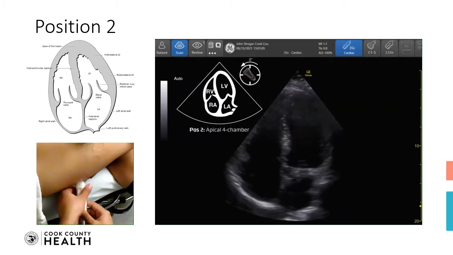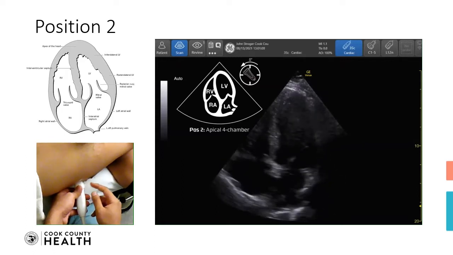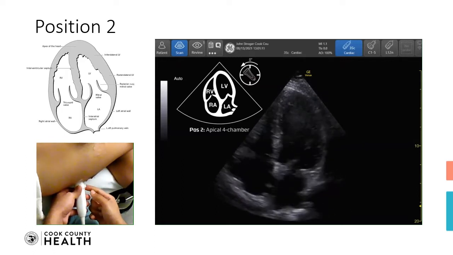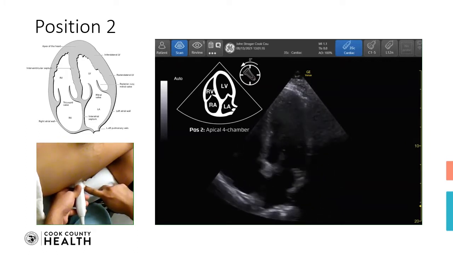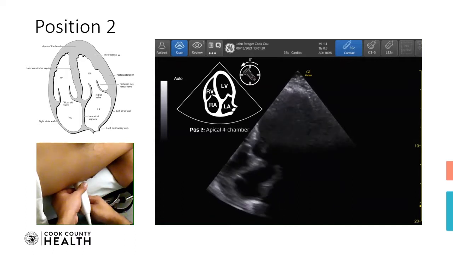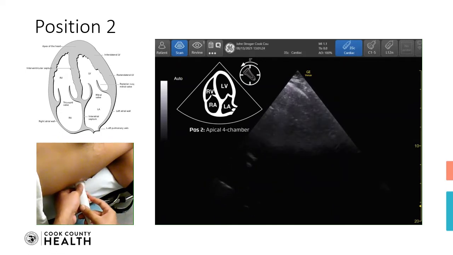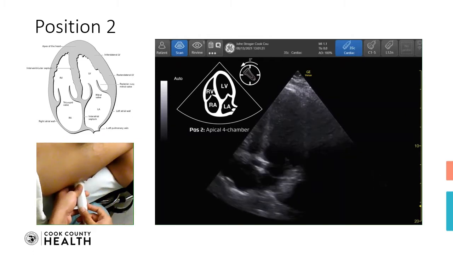The ideal position of the probe is going to be with the probe indicator towards like the 5 o'clock position right here. It's not down to the ground, not like the 6 o'clock or 7 o'clock position, but rather slightly rotated anti-clockwise so that it's towards the 5 o'clock position.